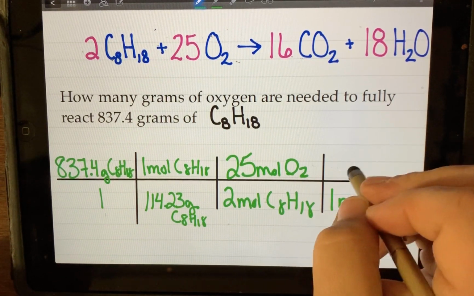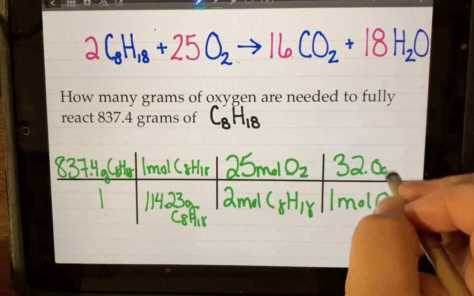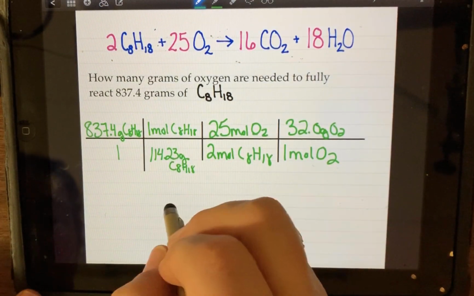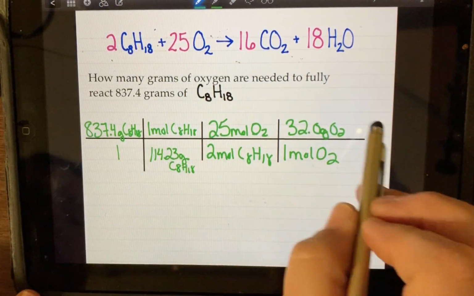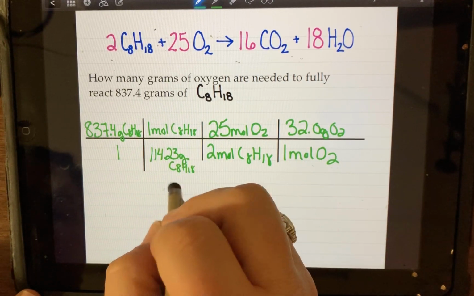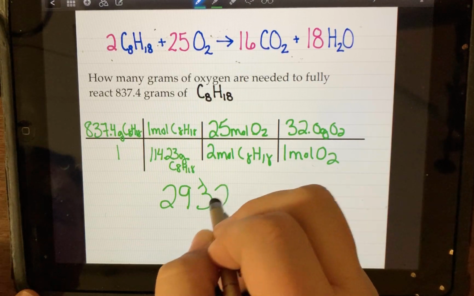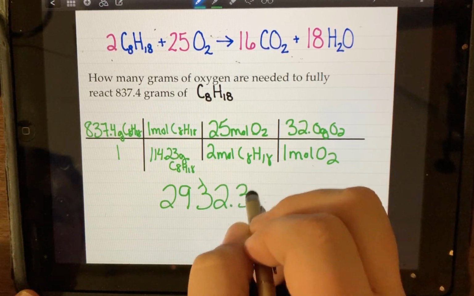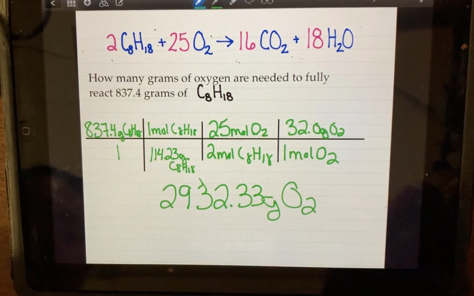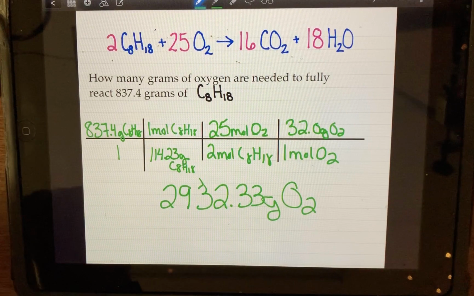So 1 mole of O2 weighs 32.0 grams O2. And when I do that math, product at the top divided by the product at the bottom, I get 2.33 grams O2. Okay, and that's how you do your stoichiometry with the full set.